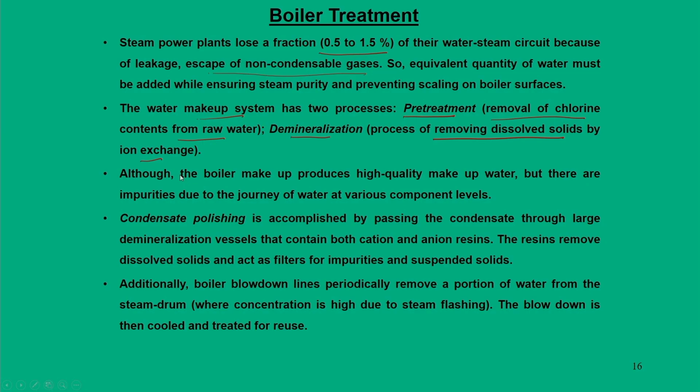We also use condensate polishing, where the condensate is passed through demineralization vessels containing both cation and anion resins. They capture all kinds of dissolved solids and act as a filter for impurities and suspended solids. Another way is that boiler blowdown lines periodically remove a portion of water from the steam drum where the concentration is high due to steam flashing.